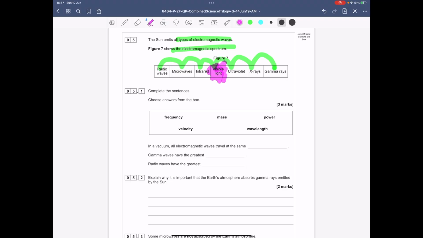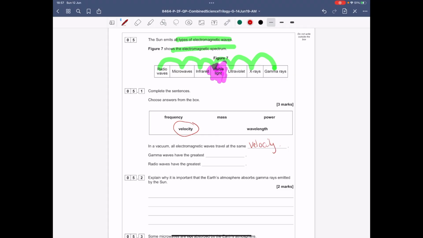It says complete the sentences and choose the words from the box. So in a vacuum, all electromagnetic waves travel at the same speed, but speed isn't on here, so we have to use the closest word, which would be velocity.